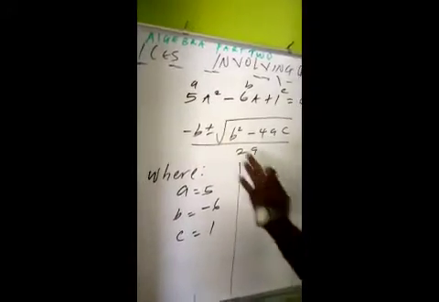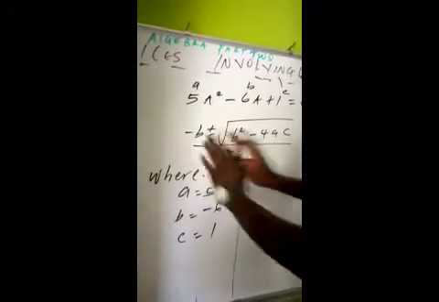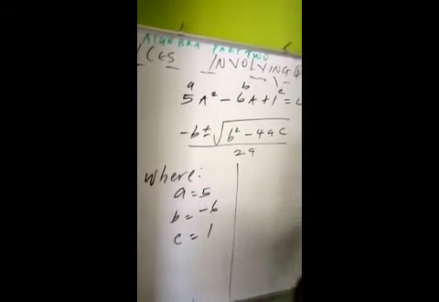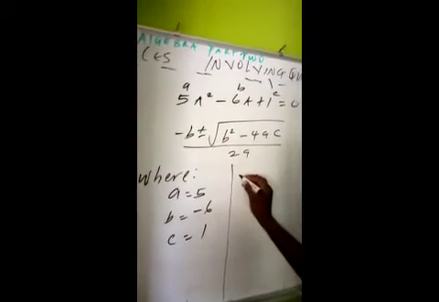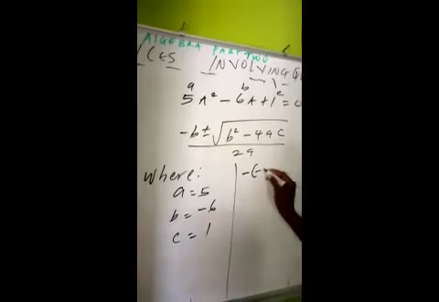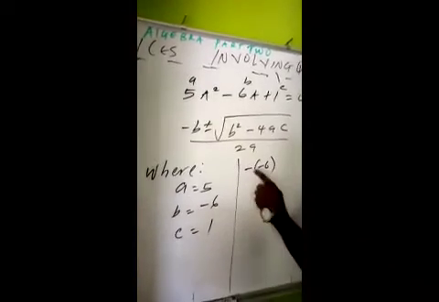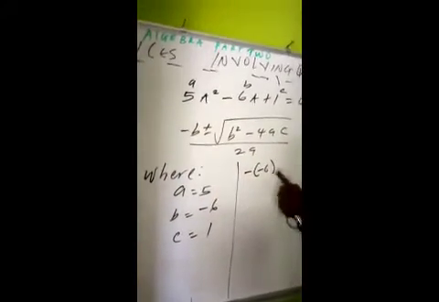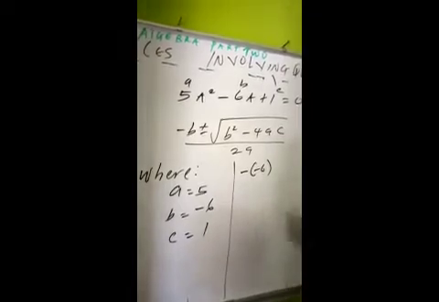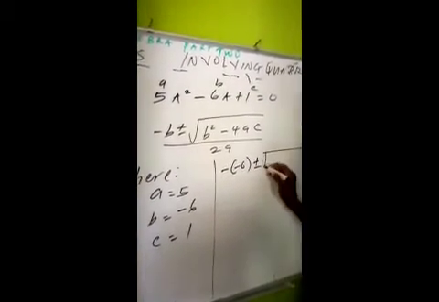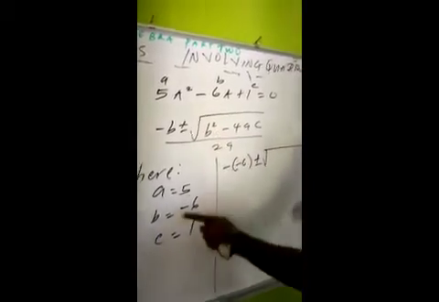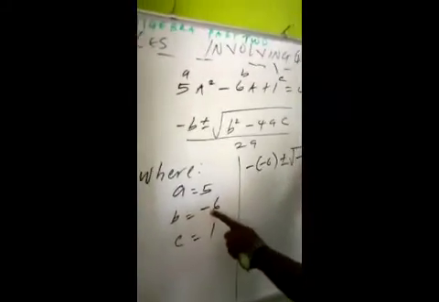But from our formula now, we have minus B already. So I have to put it inside bracket, because this one contains minus 6. So I have minus bracket minus 6. This minus is this one. Then plus or minus square root of. Then my b square, I have minus 6 square.